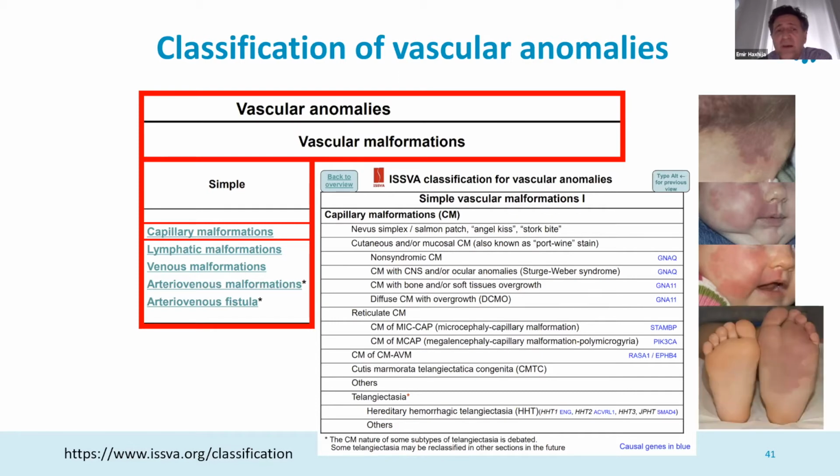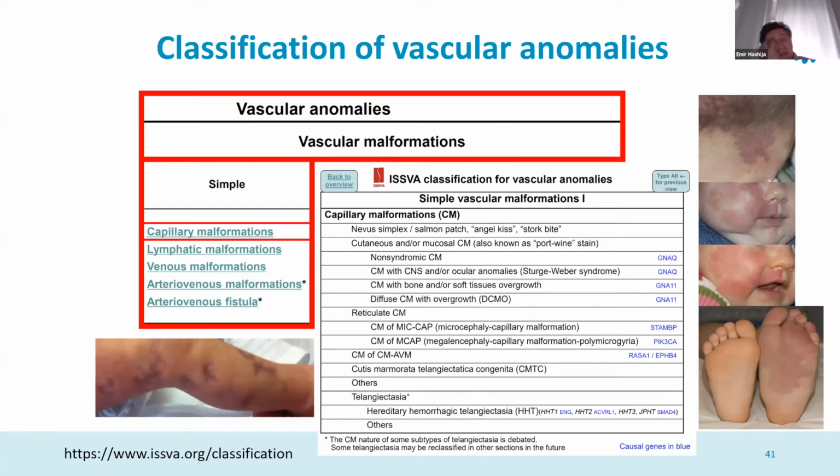Then you have cutis marmorata telangiectatica congenita, which is a disease that usually passes by itself without any treatment, but could sometimes also be associated with hypertrophy of the extremity. Then you have other telangiectasias, and hereditary hemorrhagic telangiectasia, for which there is a special working group in the framework of the VASCERN.